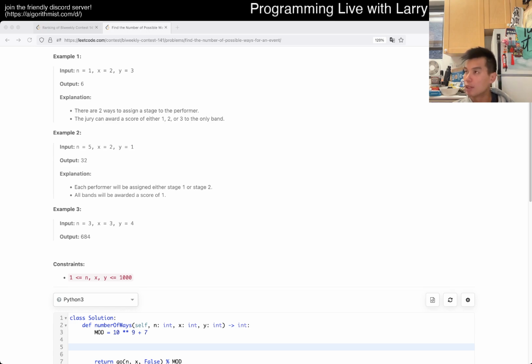Well, if it's just one group, then it is 3.